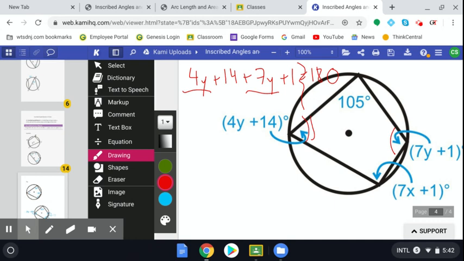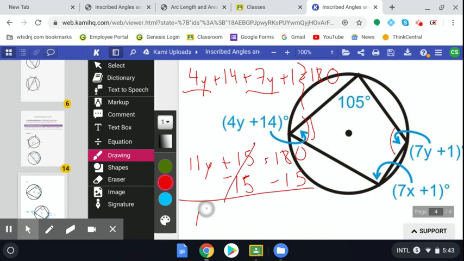So 4y plus 7y is 11y. 14 plus 1 is plus 15, is equal to 180. Now you need to subtract 15 from both sides, and you get that 11y is going to be 165. So y equals 15.